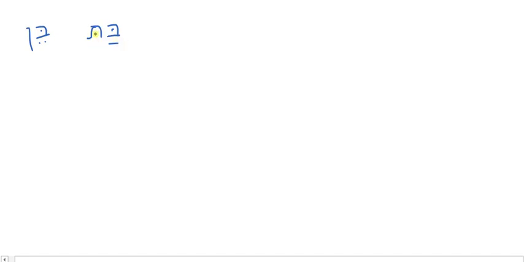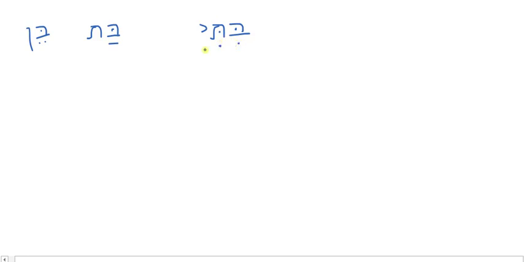I would have put a dagesh forte here, but I can't put a dagesh forte in a final consonant. So it's going to drop in as soon as I start adding vocalic endings with my pronominal suffixes, and we're going to see that in our forms. So if I want to say my daughter, bat is going to be spelled with a hiriq yod for my, and a dagesh forte is going to drop in there.